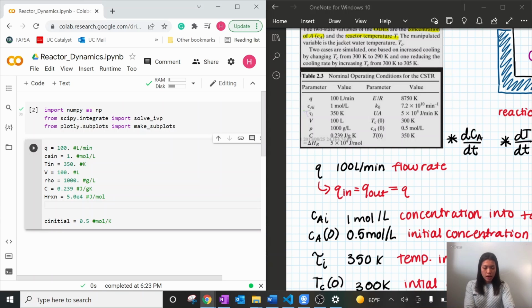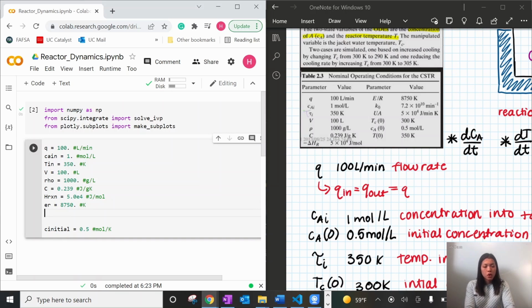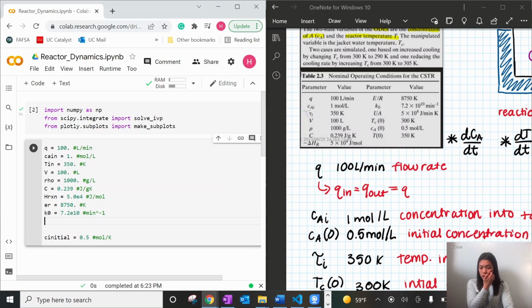And then we also have our activation energy. That is 8,750 Kelvin. And then we have our constant for the Arrhenius equation, and that is 7.2 times 10 to the 10th, and that is minutes to the -1.